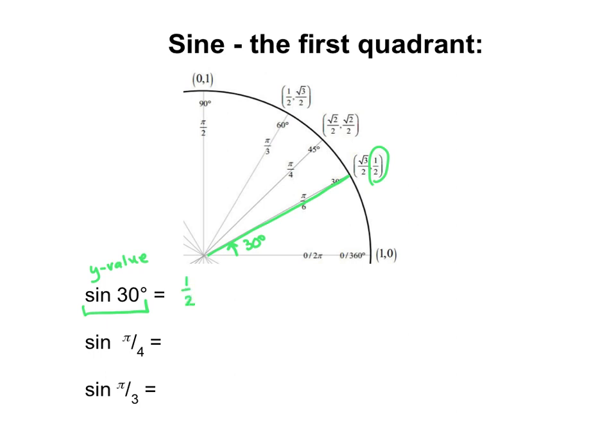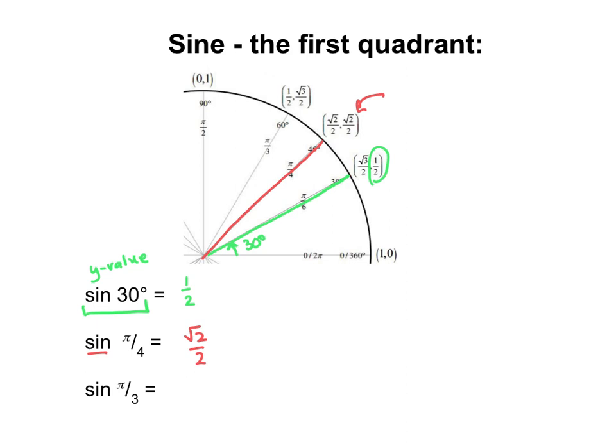Now the rest are going to be in radians. If you look at the next one, it says pi over 4. So you need to know where pi over 4 is. Pi over 4 is always the middle mark. Everything over 4 is always the halfway point. So now we're going to look at our y value at pi over 4, and that is square root of 2 over 2.